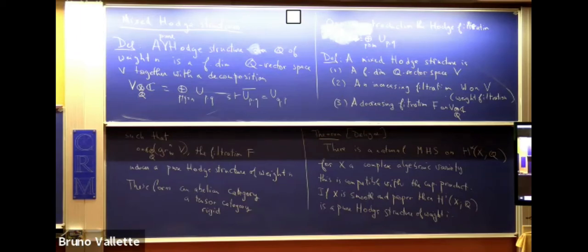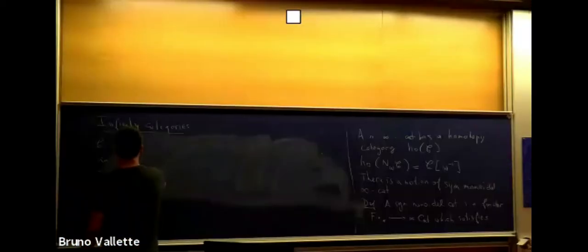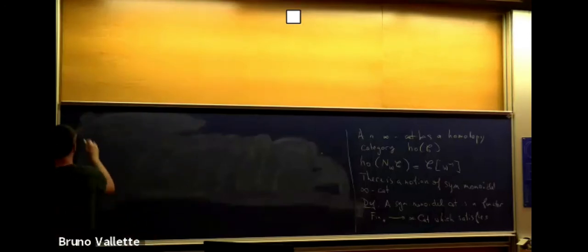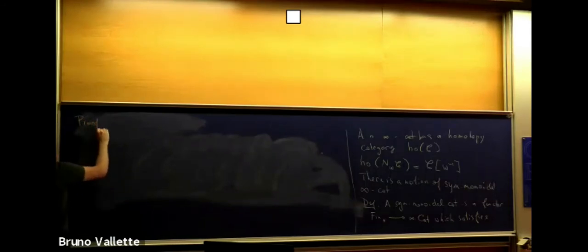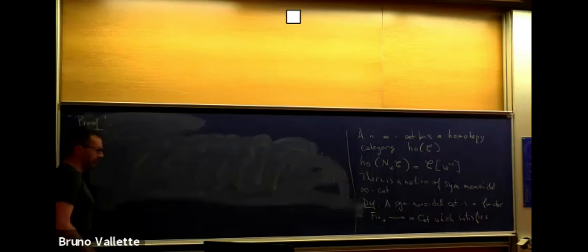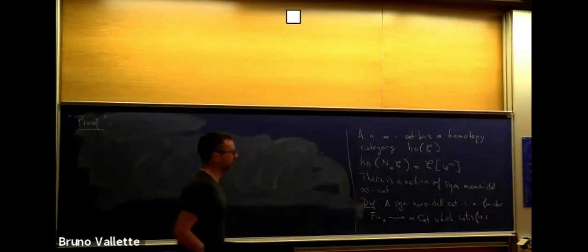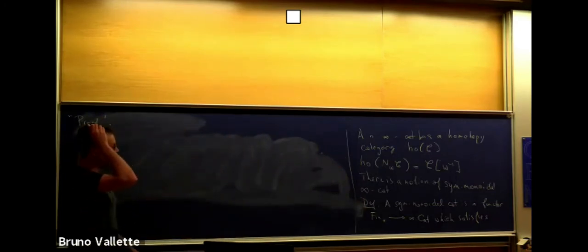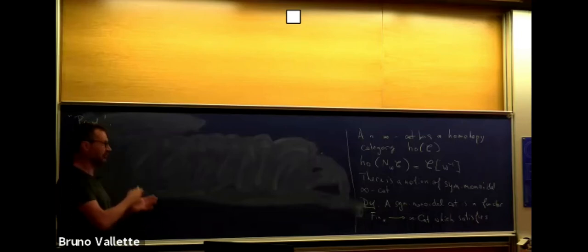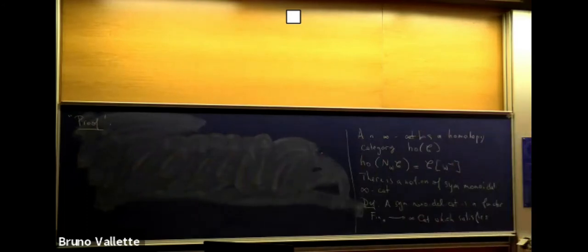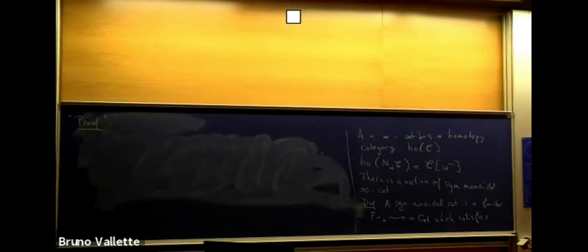So here's a very brief idea of where this comes from. I'm going to admit that in the smooth and proper case, it works as I said. Essentially, this decomposition comes from the decomposition of differential forms, if you take a complex variety.